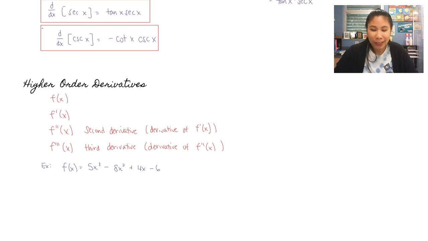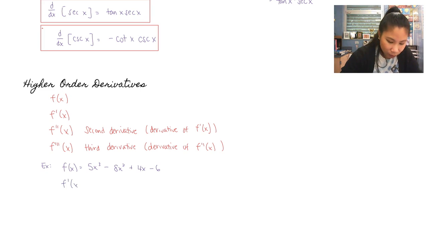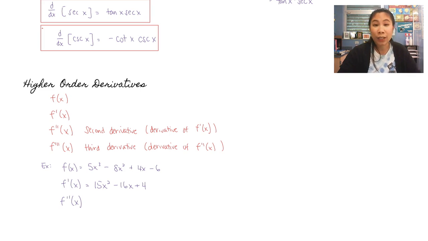So let's do a quick example. If we had the original function f of x of 5x cubed minus 8x squared plus 4x minus 6, then the first derivative, f prime, would just be 15x squared minus 16x plus 4. If I were to find the second derivative, I'd just be taking the derivative of what I just found.